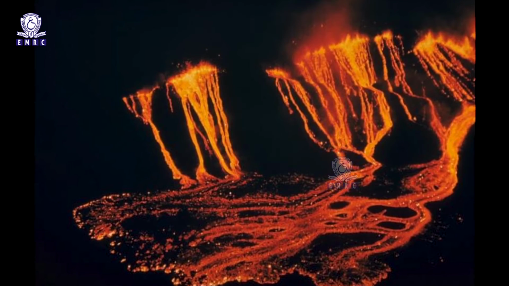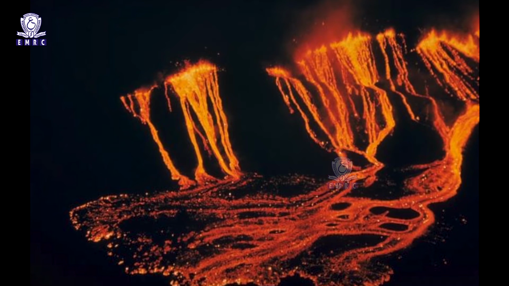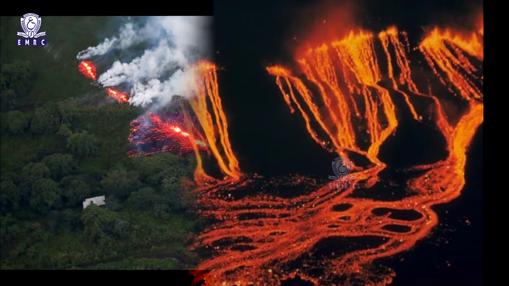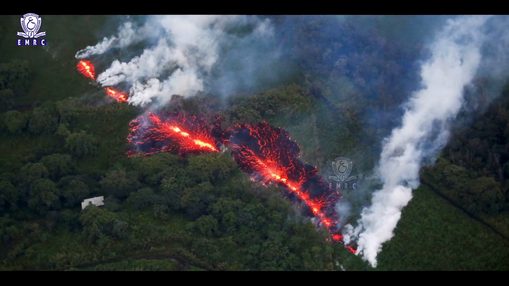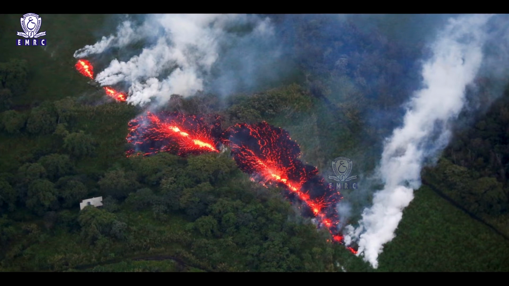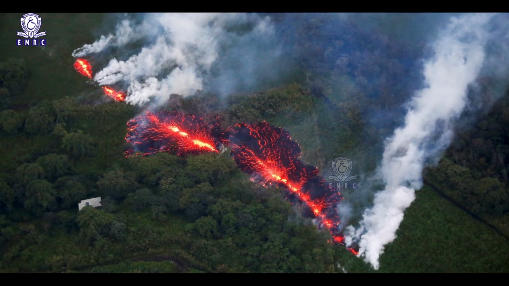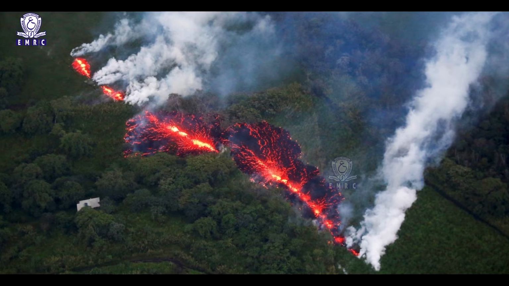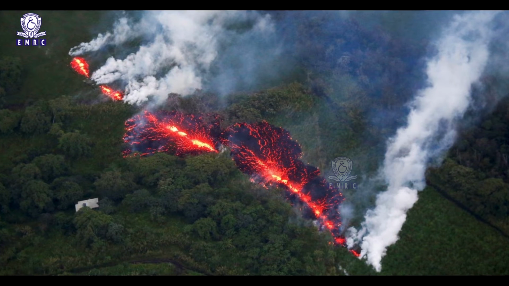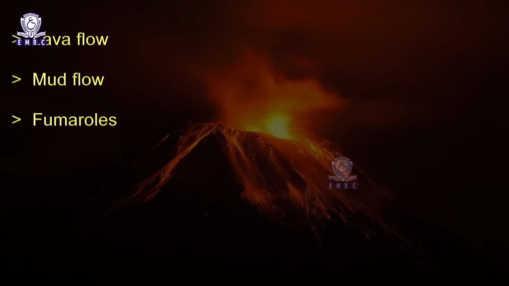Deccan Plateau in peninsular India is formed due to the fissure type of eruption. Such volcanoes occur along a long fracture, fault and fissures. In this type of eruption, there is a slow upwelling of magma. Fissure eruption is divided into lava flow, mud flow and fumaroles.